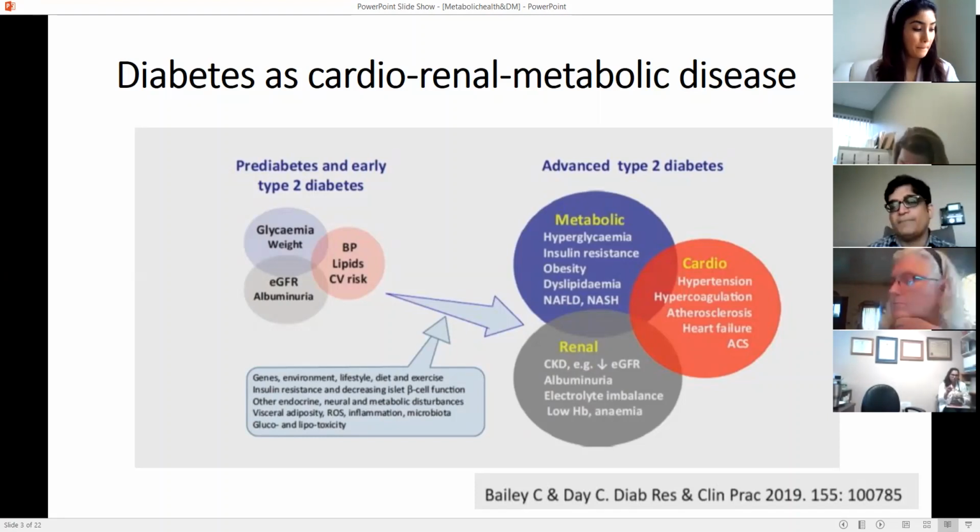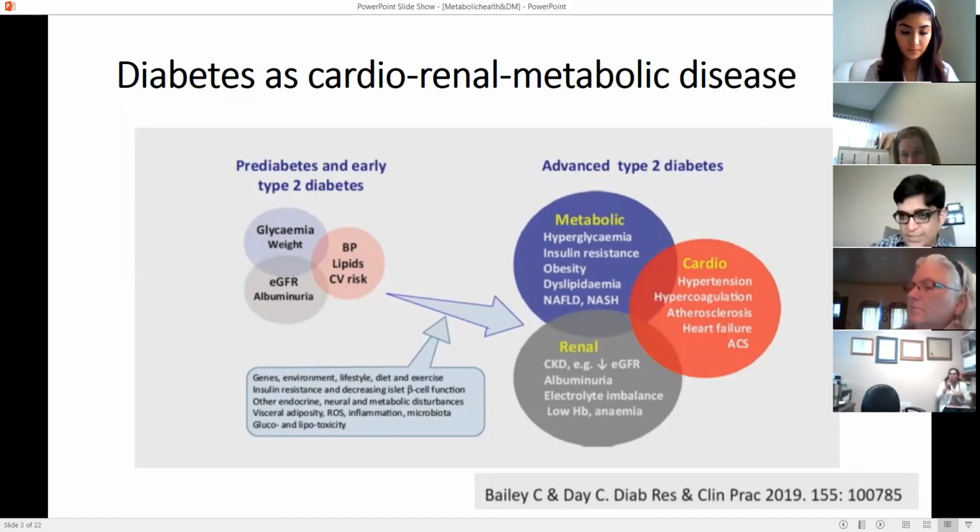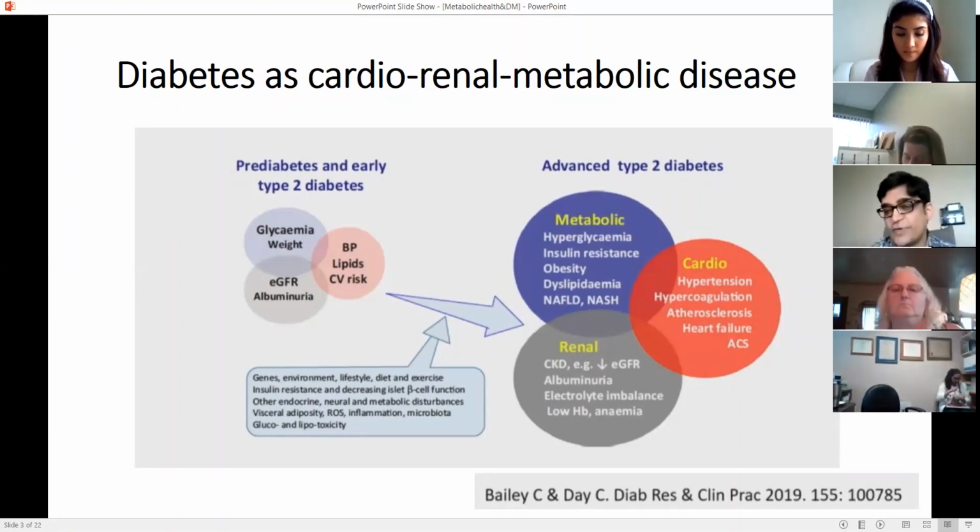So the blood sugars are running high, they are gaining weight, their insulin resistance is increasing, they are more at risk for developing non-alcoholic steatohepatitis as a result of that, and the liver damage from that. Blood pressure rises again, which will cause hypertension, hypertension-related changes, atherosclerosis, hardening and stiffening of the vessels, and eventually acute coronary syndrome.